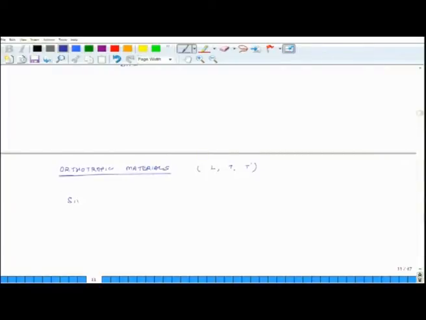Situation 1: the load is not aligned with the material axis.